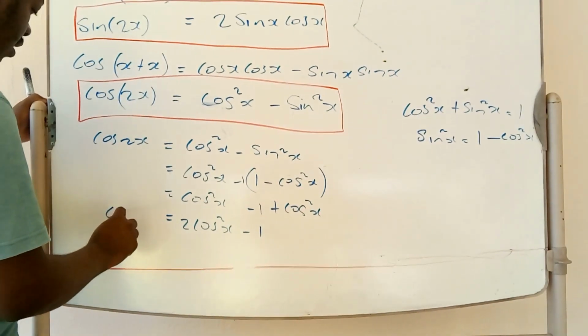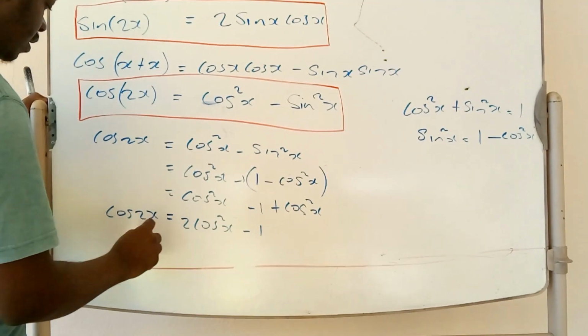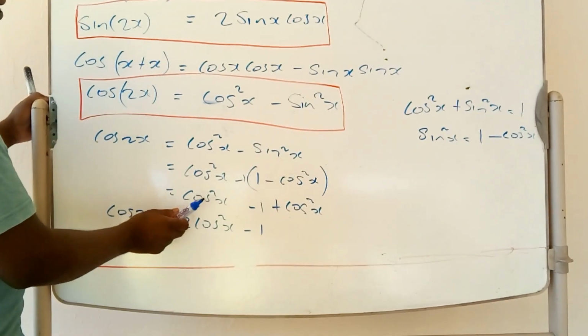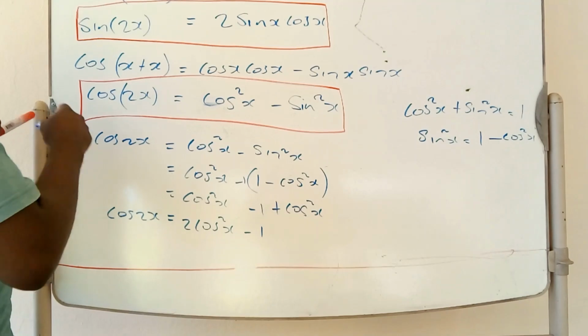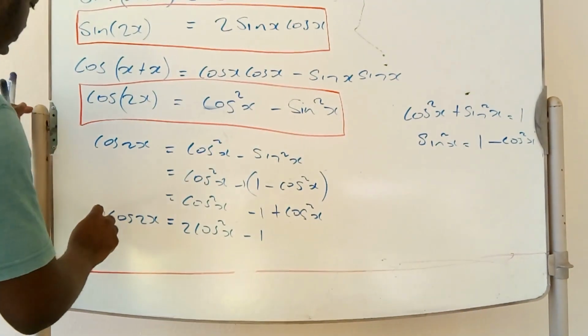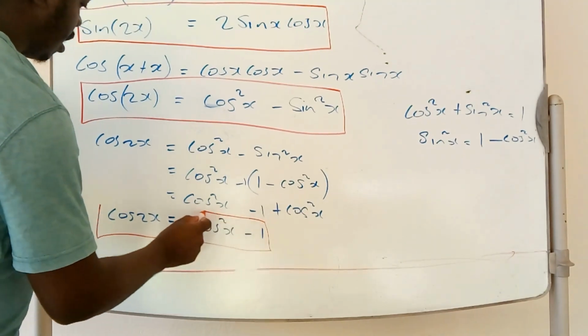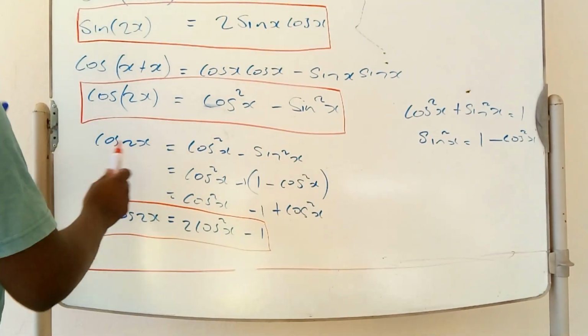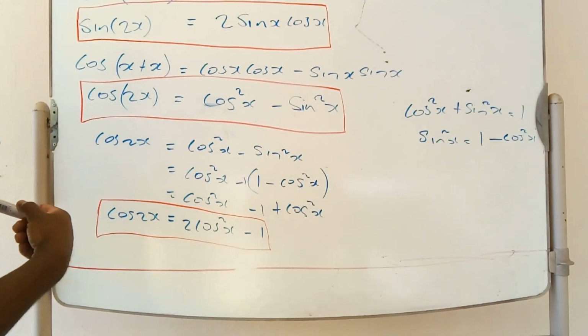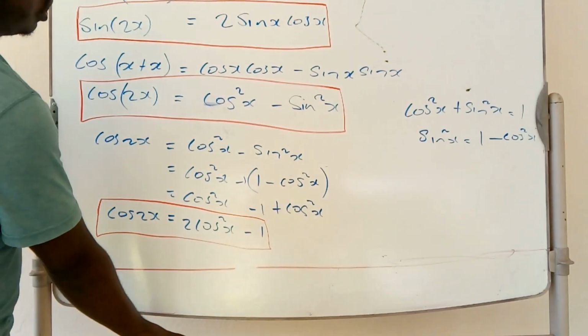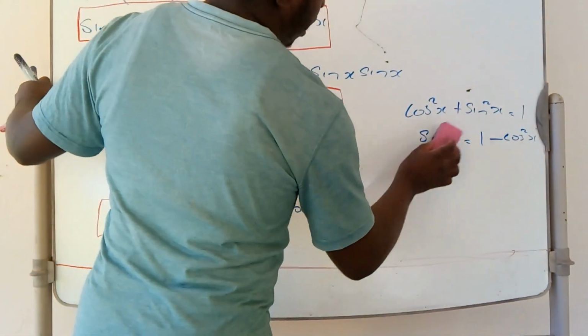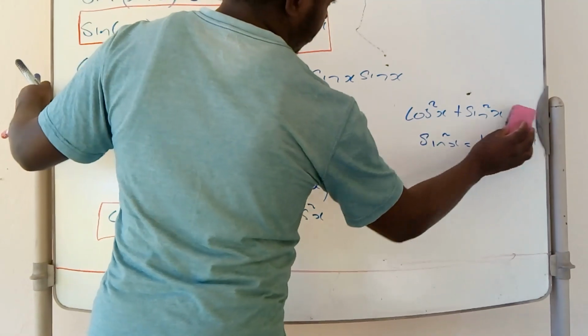So cos 2x is actually equal to 2 cos squared x minus 1. That's beautiful, right? Maths is becoming beautiful. So that's another identity or another version of cos 2x. And there's 3 versions of cos 2x. And I'm going to show you them. Now, bear this in mind here.